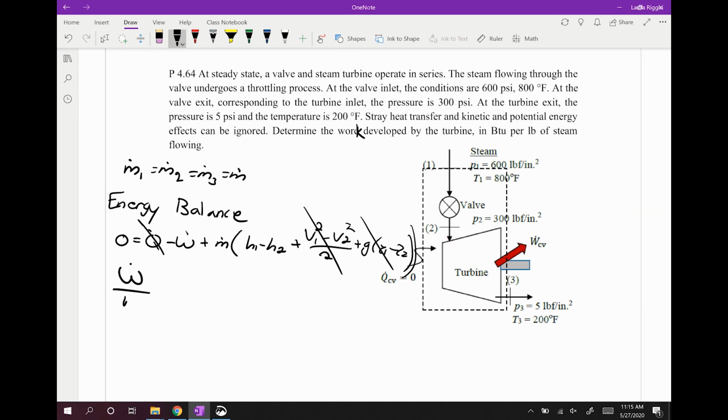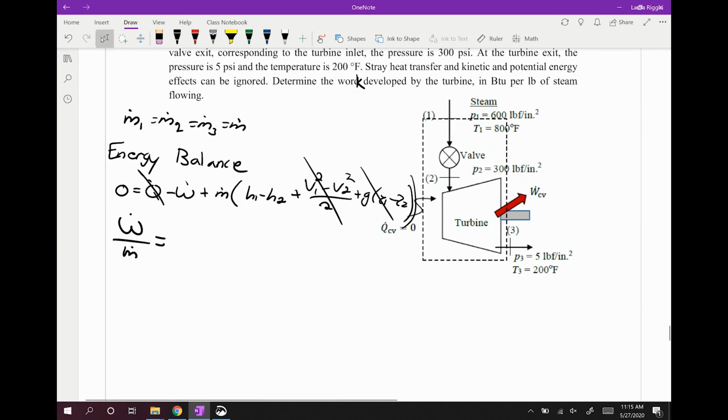So our work per unit mass is equal to our change in enthalpy. Or these should be state 3s. We don't need state 2 because of the boundary that we chose on our diagram. So our work is H1 minus H3.